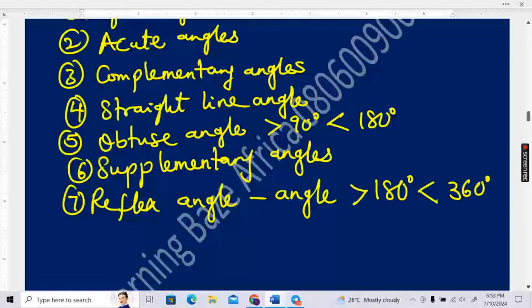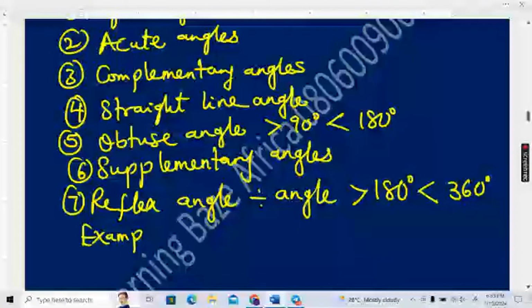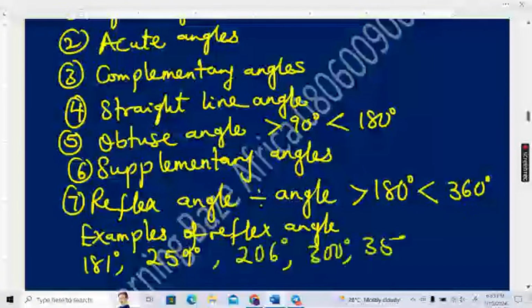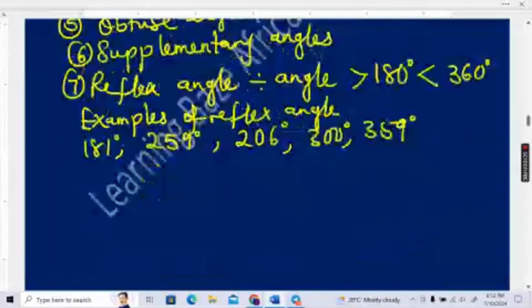Examples of reflex angle are 181 degrees, 259 degrees, 206 degrees, 300 degrees, 359 degrees. So these are examples of reflex angle.